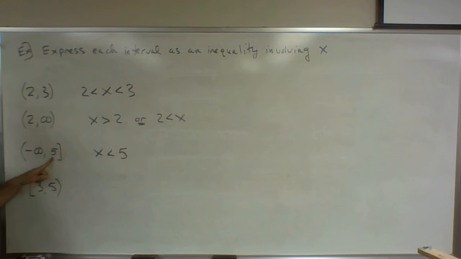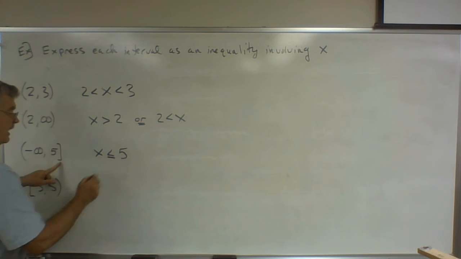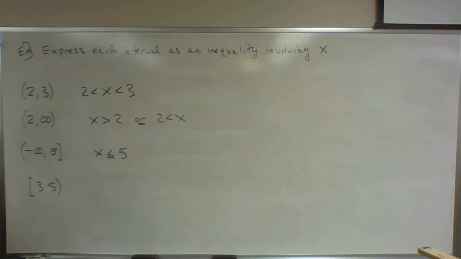Can x equal 5? Yeah. This square brace here says that x can equal 5. That's our inequality. And what about this thing? The set of real numbers between 3 and 5. That means x can be any real number between 3 and 5.